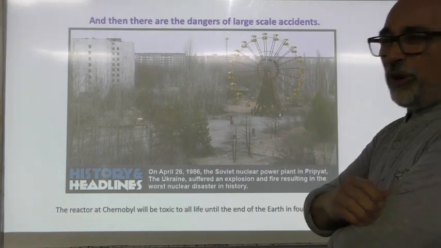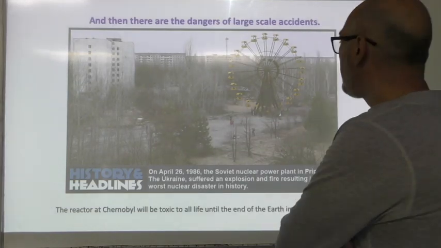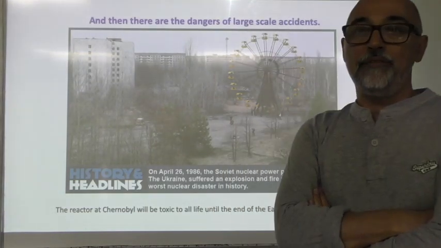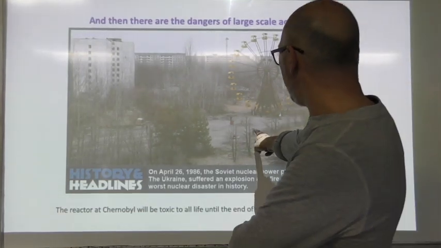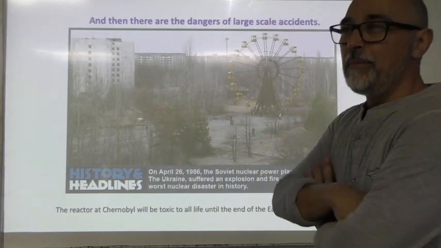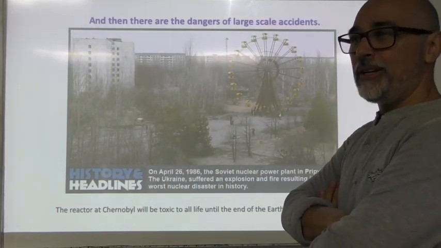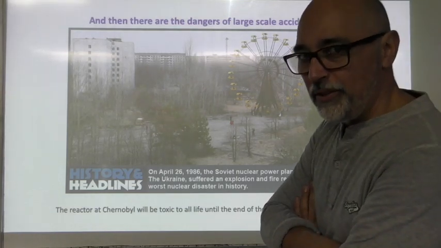The reactor at Chernobyl, which is a little bit away from here, is very radioactive and is still out of bounds. You can visit, you can see there are actually some people here in this photo. You can visit this ghost town, but you're not allowed to stay there for very long because you end up absorbing way too much radiation over a long period of time.